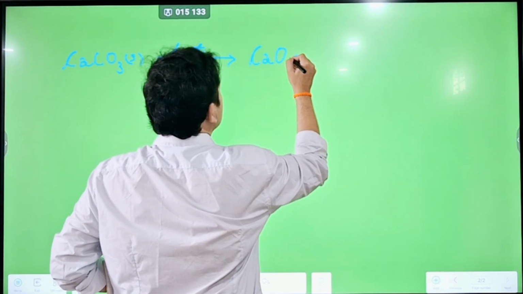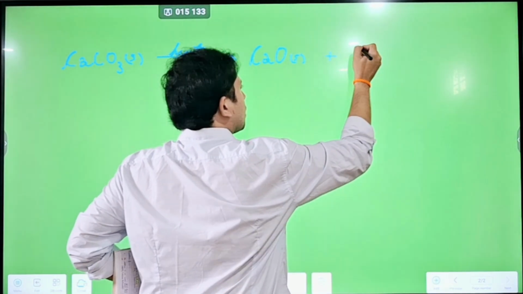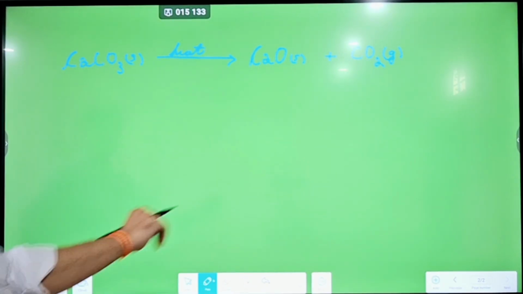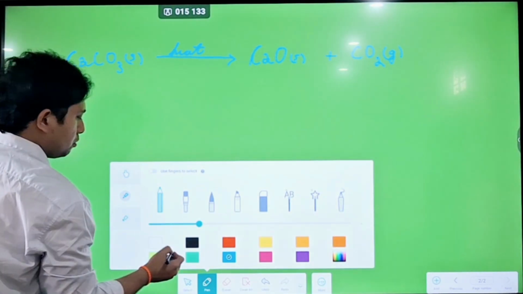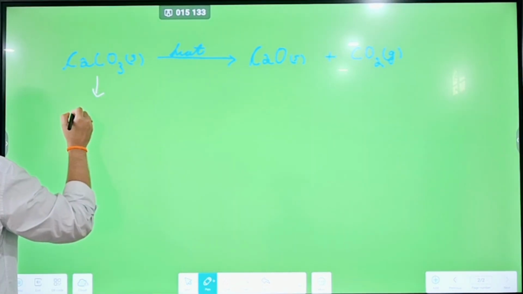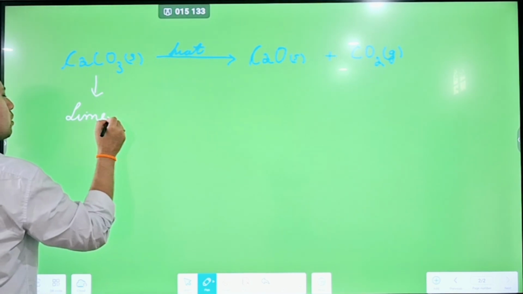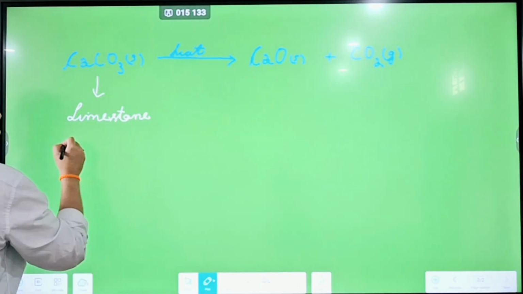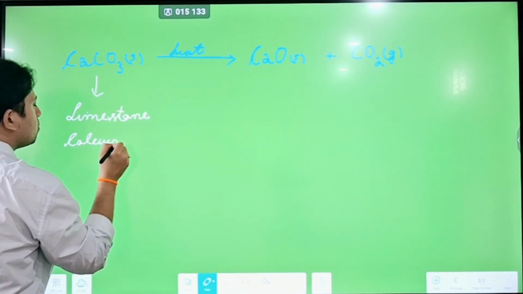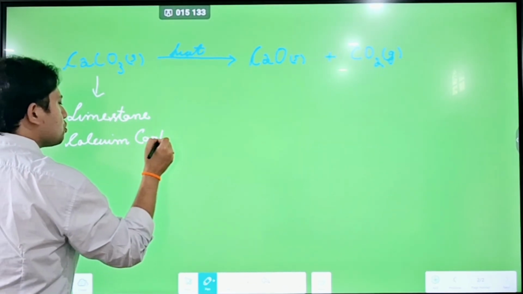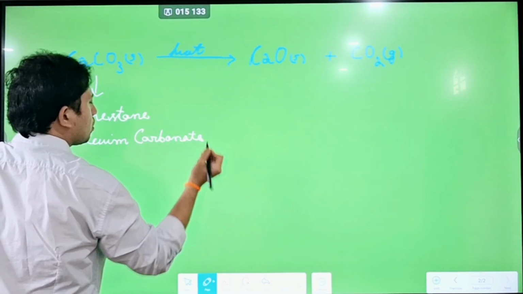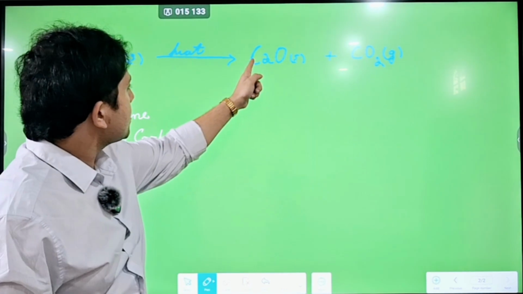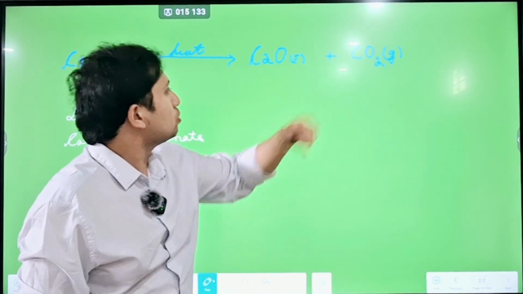Calcium oxide is also a solid, so S, plus carbon dioxide, which is a gas, so G. So in this reaction we are seeing limestone, also known as calcium carbonate, undergoing a reaction with the help of heat to form CaO plus CO2.